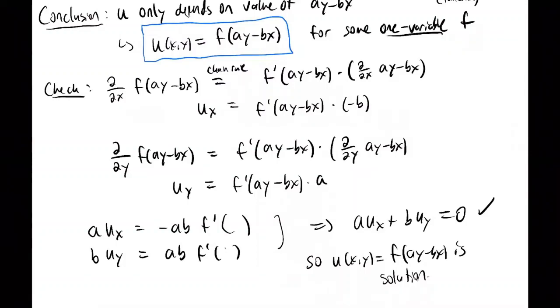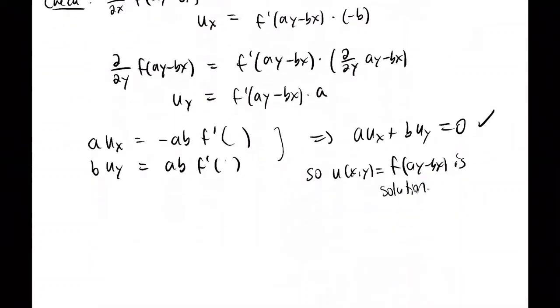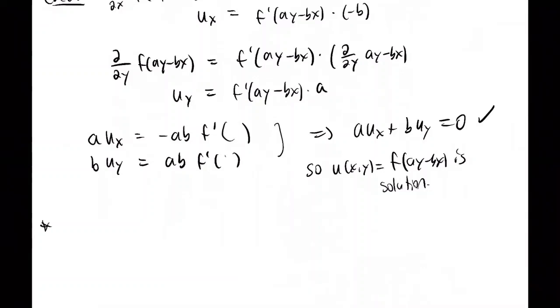You can immediately see that there are infinitely many different solutions to the original PDE, a u_x plus b u_y equal to 0, each corresponding to a different choice of your function f.